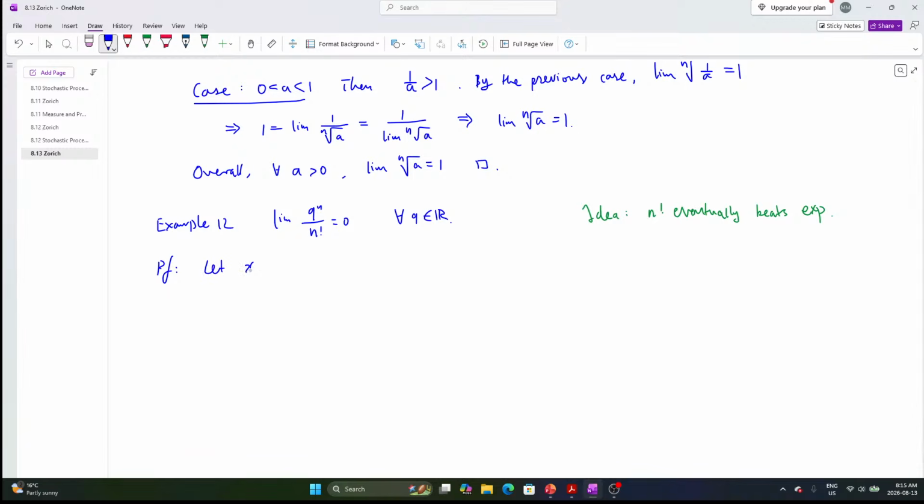Let xn be q to the n over n factorial. Okay, let's write xn, right, be this sequence. So now we can write, let's calculate xn plus 1 over xn. All right, so this just gives us q to the n plus 1 over n plus 1 factorial.